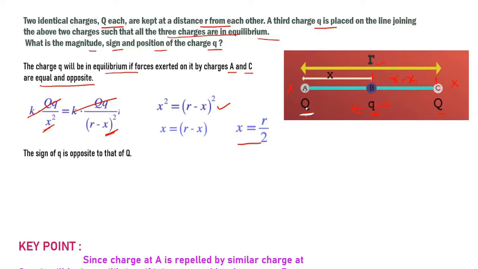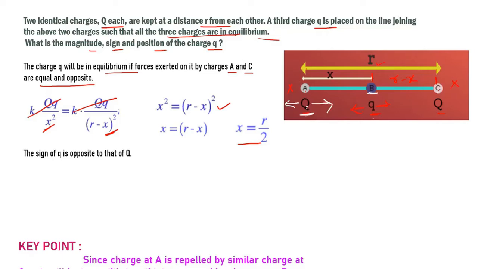Now what is the force acting on the charge at A? The charge at C will be repelling the charge at A in this direction. So the charge at B, which is small q, must attract the charge at A, so that the charge at A will be in equilibrium.